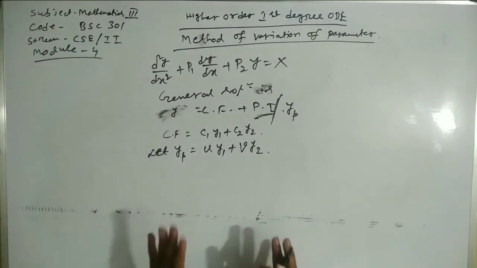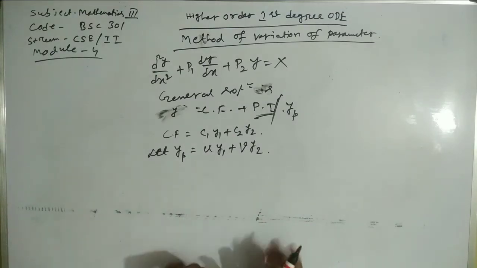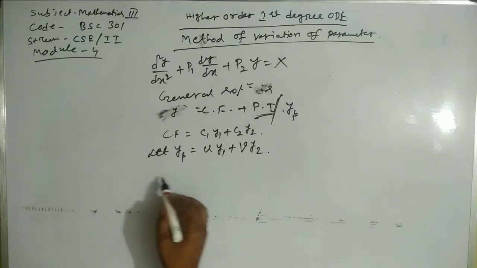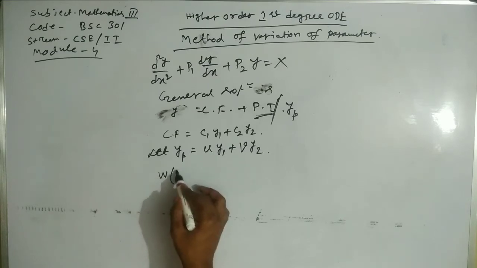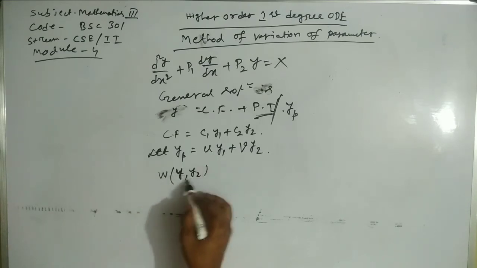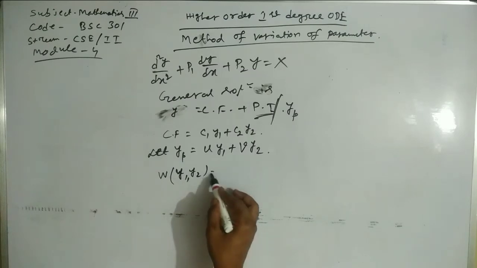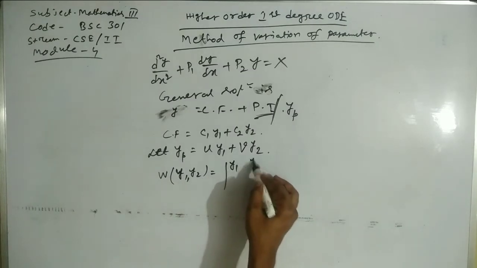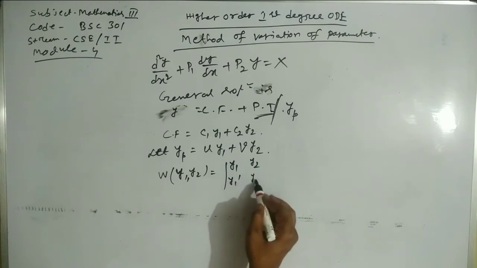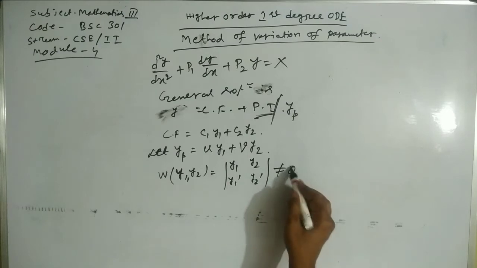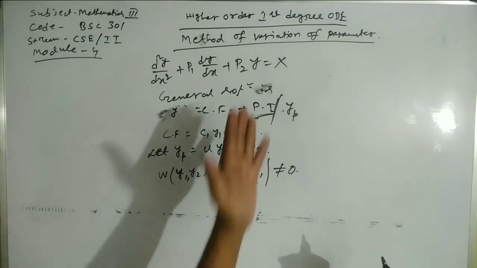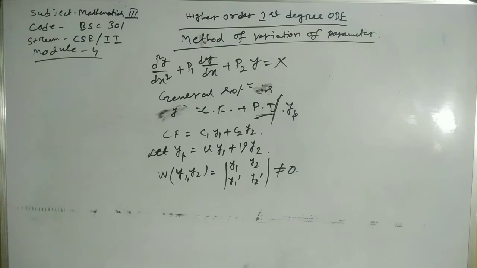To find u and v, first we have to find the Wronskian of y1 and y2. We denote the Wronskian by W(y1, y2), and it is the determinant with rows y1, y2 and y1 dashed, y2 dashed. The value of the Wronskian must not be equal to 0, otherwise we can't use this method. If the Wronskian is not equal to 0, then we can find u and v.